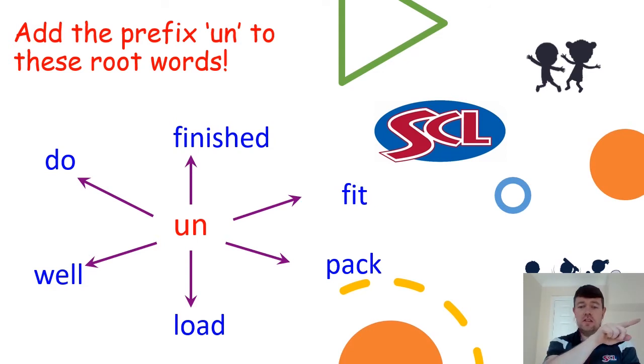You can write it as a list going along. However you want to do it, that's fine. So I want you to write those words and then put the prefix un in front of each word. So pause the video now, write the words, and then I'm going to get you to do a little task once you press play again. So pause the video now.